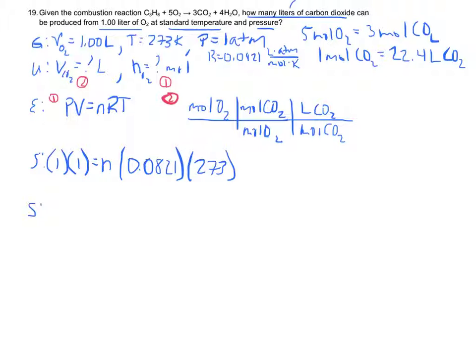All right, so solving then, 1 times 1 is just 1, and then we need to multiply the 0.0821 times 273. 0.0821 times 273 gives us 22.4133. So 1 equals n times 22.4133, and to solve for n, that means we need to divide both sides by 22.4133.